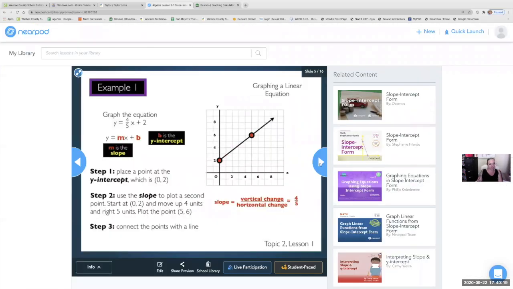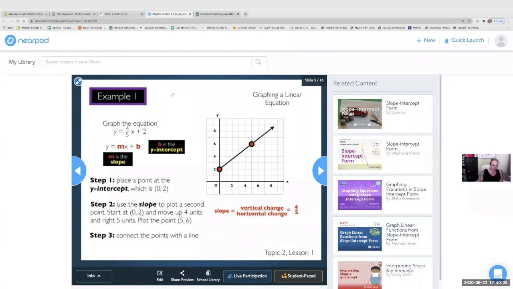Okay, so now I want you to try this, and I'll write this down for you. I want you to graph -3/4 x plus 5.